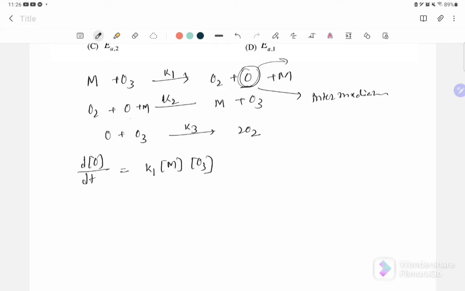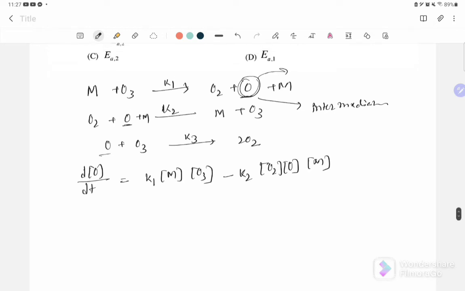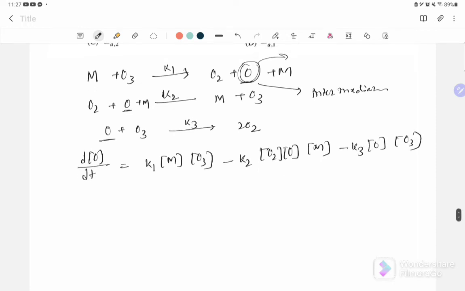For the second reaction, the intermediate is decaying, so minus K2 O2 O M. For the last one also the intermediate is decaying, so minus K3 O O3.